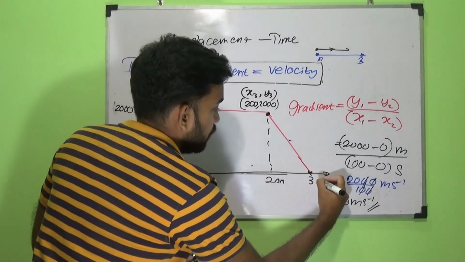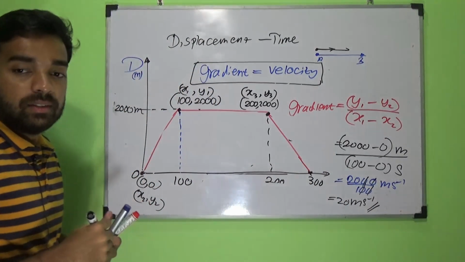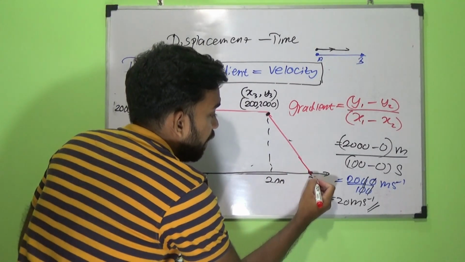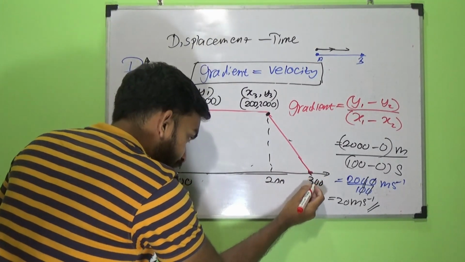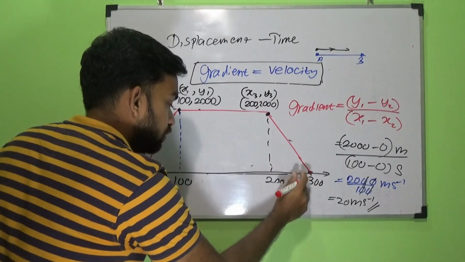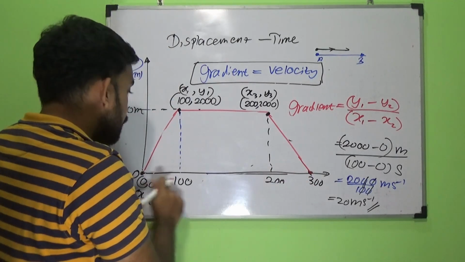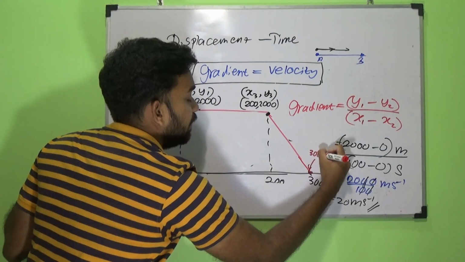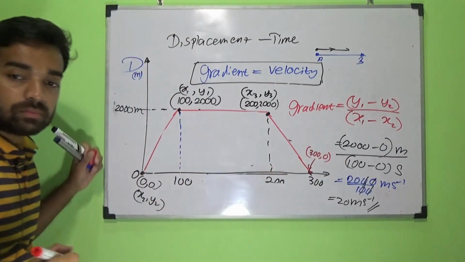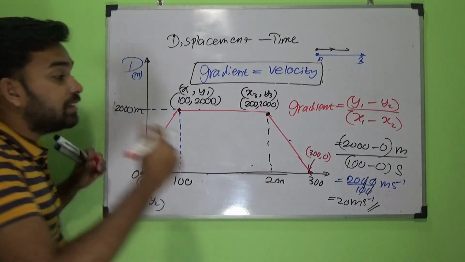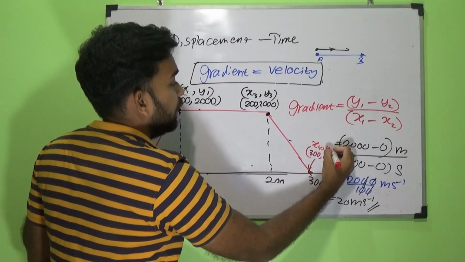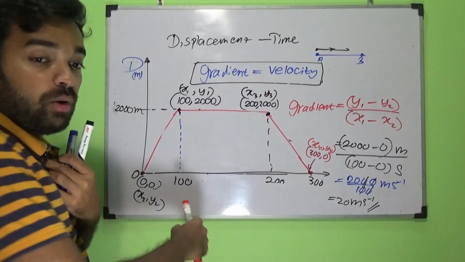Now the coordinate we have here is 300, 0. The x value is 300 and the y value is 0. I'll take this one as x4 y4. Velocity is going to be the gradient.